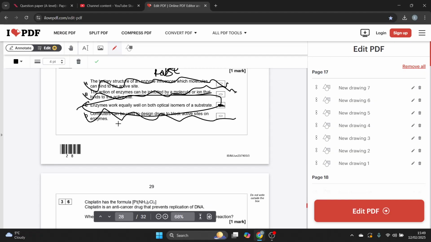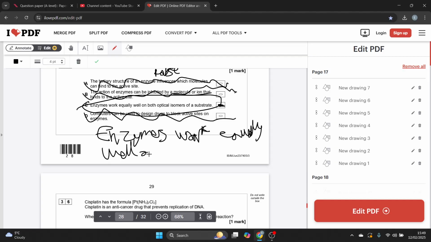Enzymes work equally well on both optical isomers of a substrate.